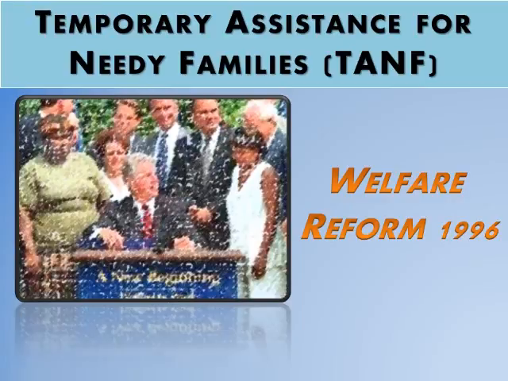Temporary Assistance for Needy Families was part of President Clinton's welfare reform efforts in 1996. The prior system was put in place by President Roosevelt as a means of helping the economy recover from the Great Depression, as well as mitigate the economic waves resulting from World War II. This newest version of financial assistance for families in need is meant to be more focused on job search assistance and timeliness.